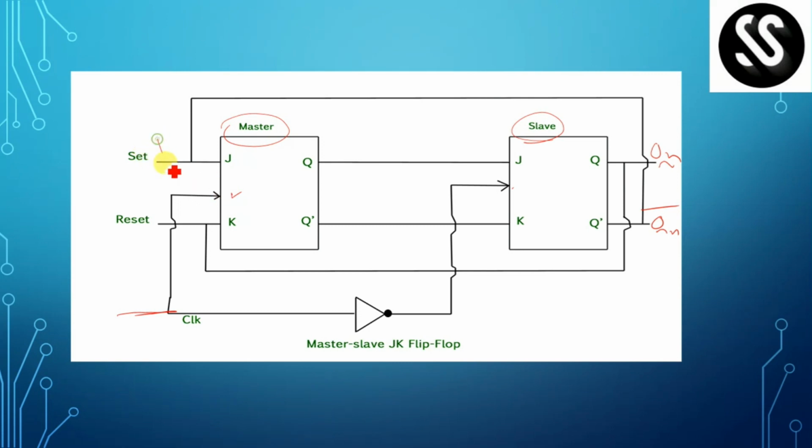So when J is 1, K is 1 and the clock is 1, the master will race, and the slave will not race because here the clock becomes 0. So this is toggle. So this race condition is generally overcome using the master slave flip-flop.